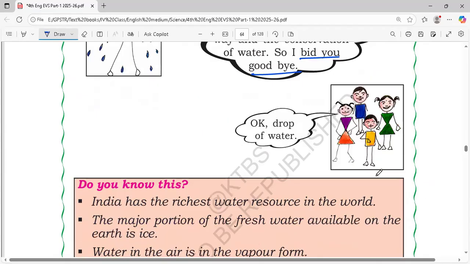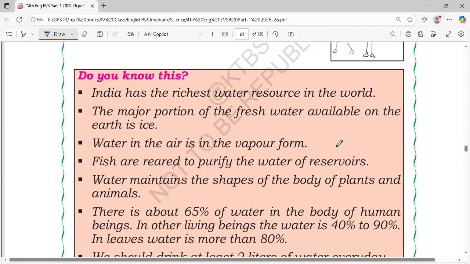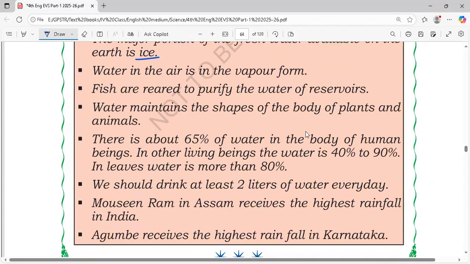Do you know this? India has the richest water resource in the world. The major portion of the fresh water available on earth is ice. Next, water in the air is in the vapor form.